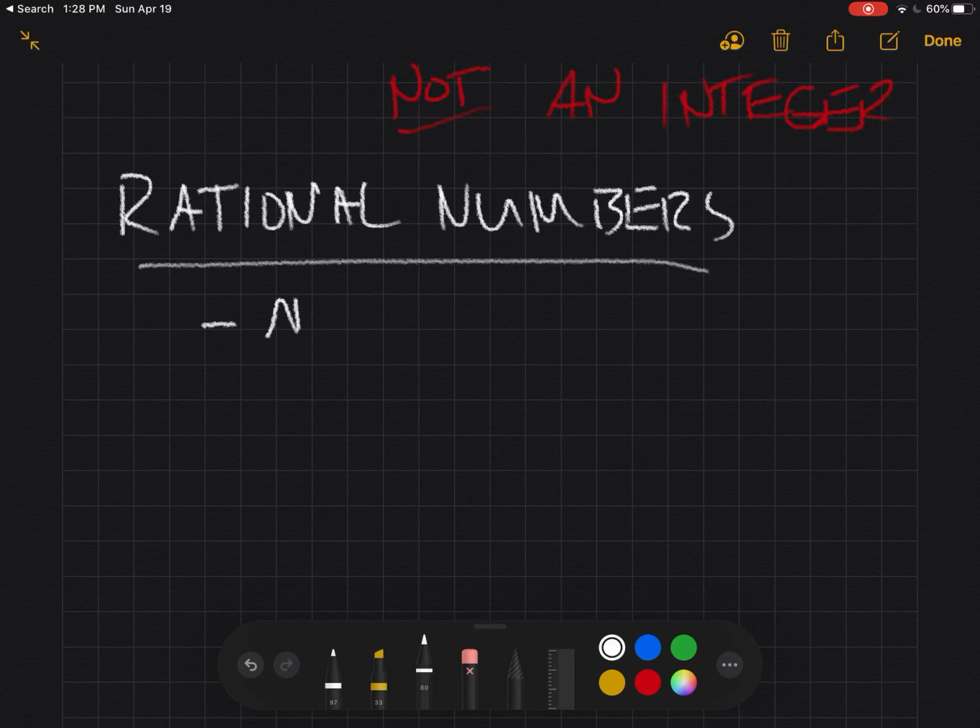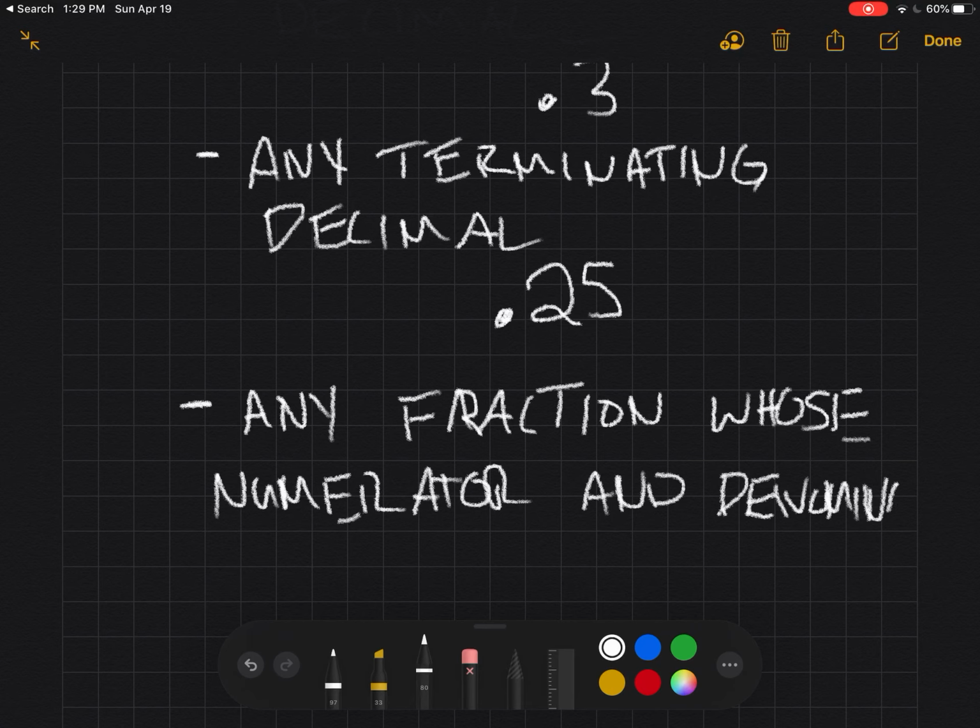And there are also any fraction whose numerator and denominator are integers.